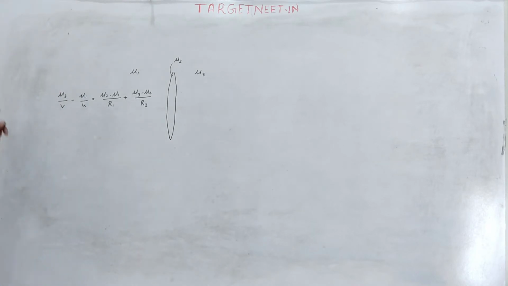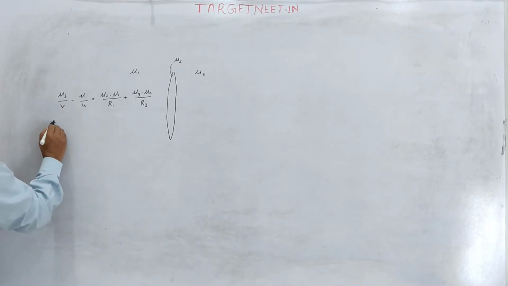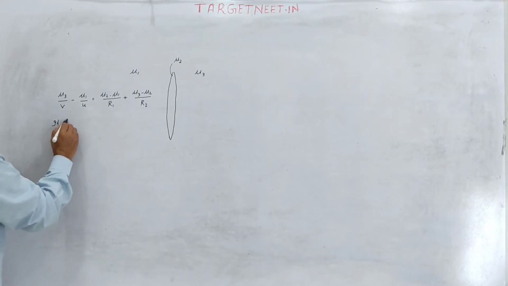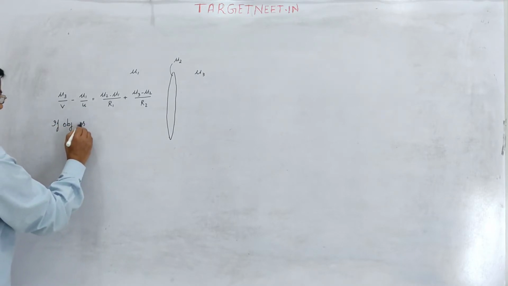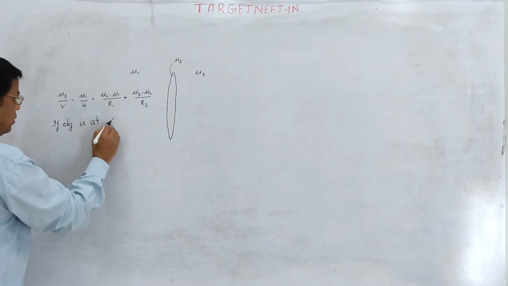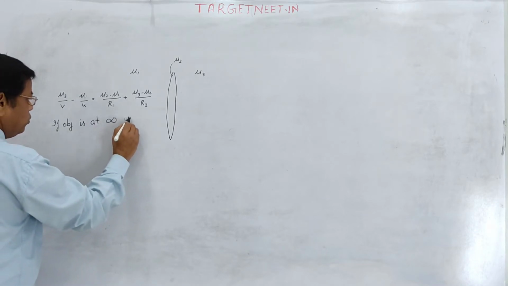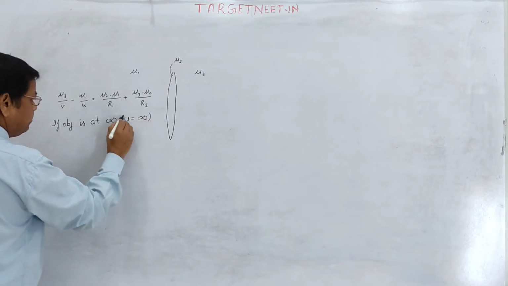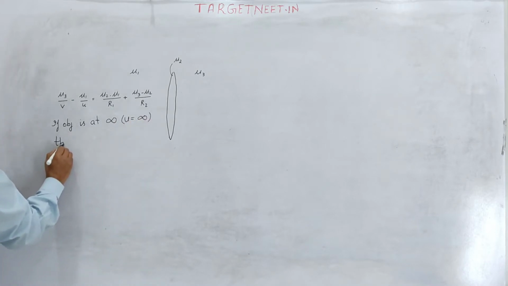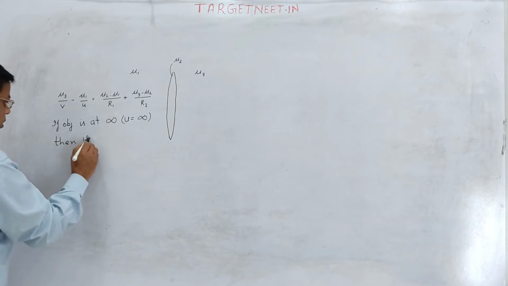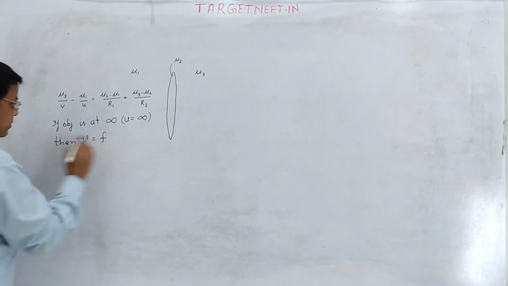Now if the object is kept at infinity, then U becomes infinity and V is said to be the focal length. So if the object is at infinity, that is U is equal to infinity, then V is equal to focal length.